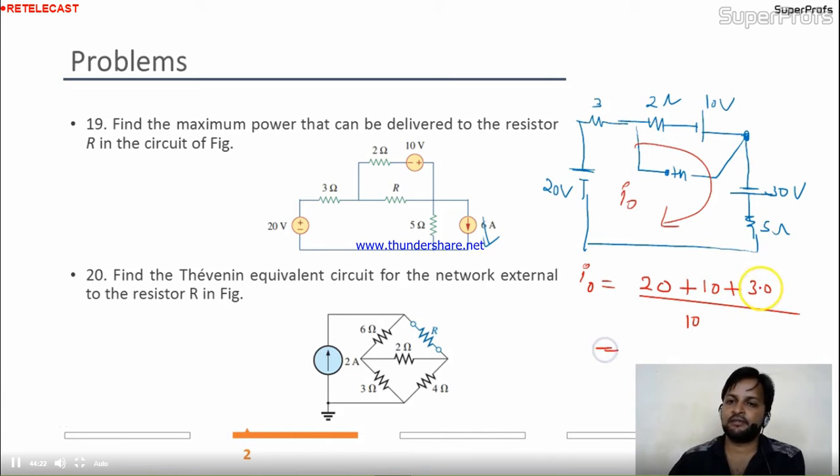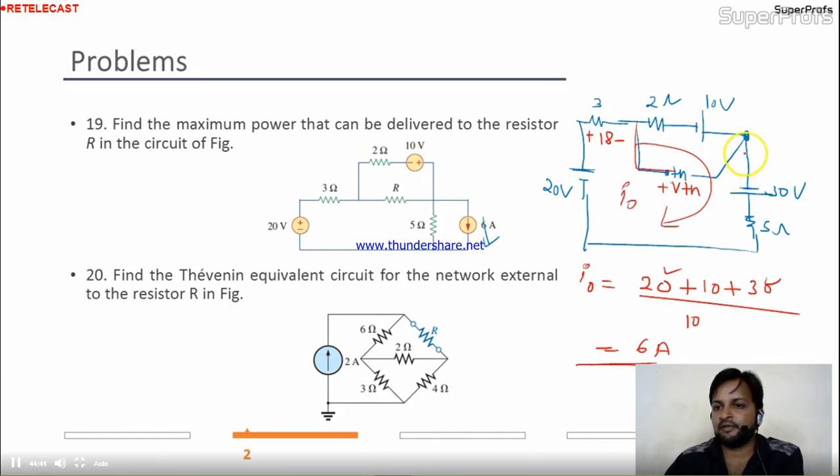So this is nothing but 20, 30, 50, 10, and this is 6 ampere. 6 ampere is the current flowing in the circuit. Now here is the 6, so this drop is 18 volt. Fine. Now we'll jump to this circuit plus VTH, because we have to calculate VTH. Over here again the current is 6, so here this is 30 volt, right?